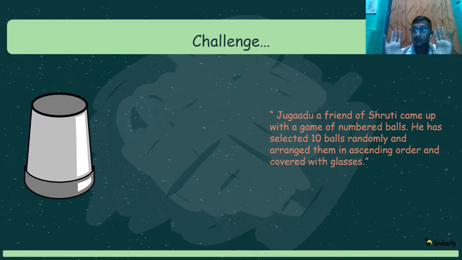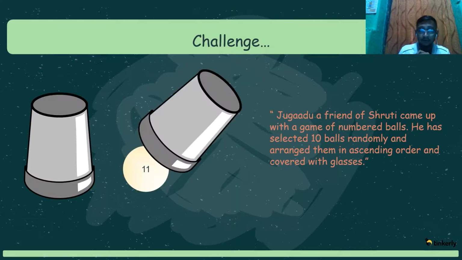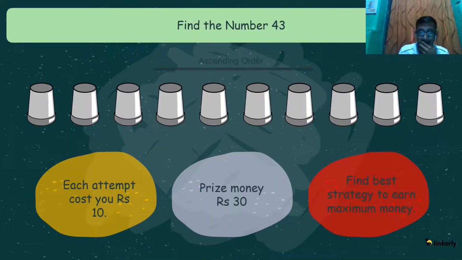You can see numbered balls like in a pool. He has selected 10 balls randomly, arranged them in ascending order and covered them with glass. So Jugadu has 10 balls, each covered with glass.